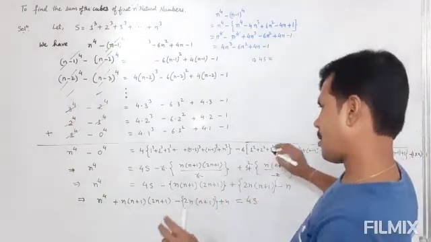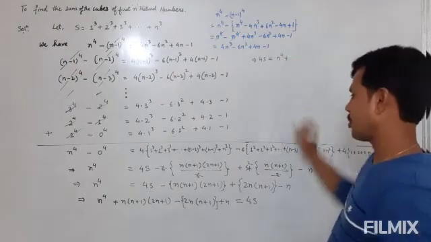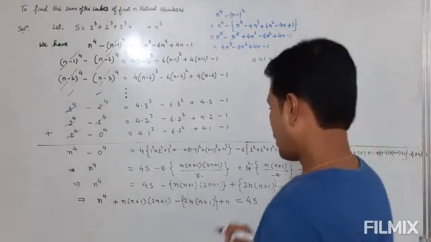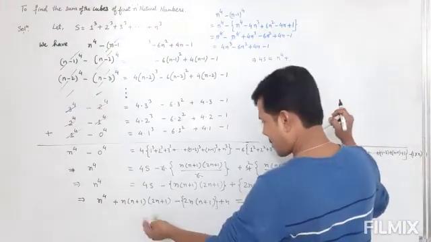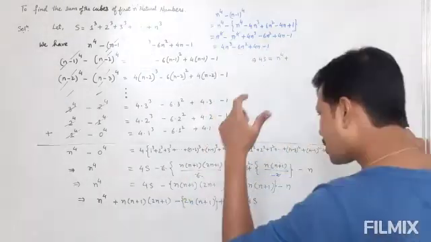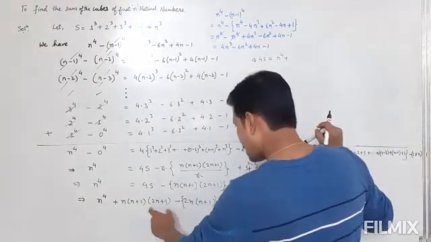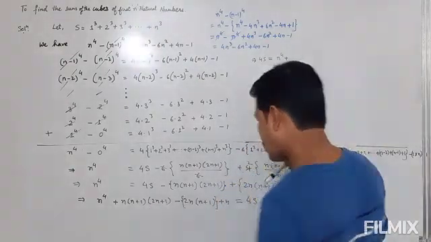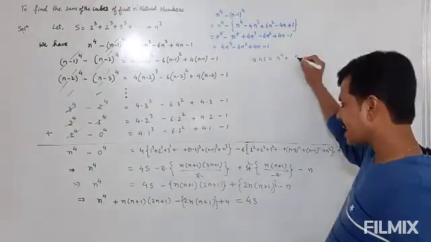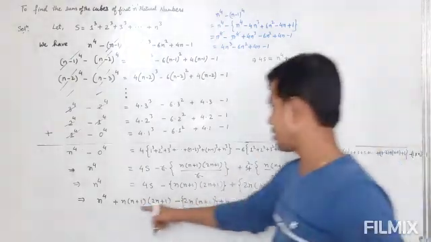Well, this is n to the power 4. We can do one more task: do some calculation with this term and this term. What do you get common? You'll have n and n plus 1 common over here. Just see.